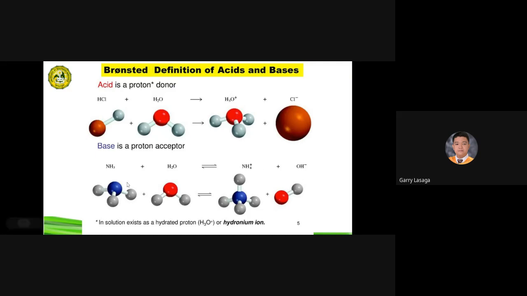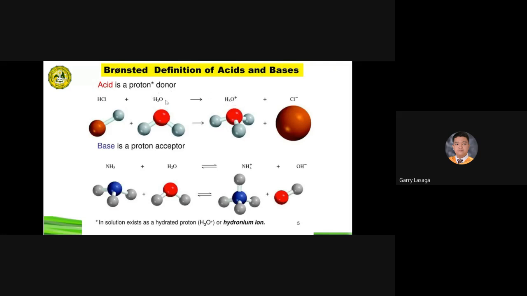The same is true for here. You know, yung ating base will form a conjugate acid, and our acid here will form a conjugate base. So therefore, para ma-form natin yung ating conjugate acid from our base, we just have to add a hydrogen ion to our parent compound.